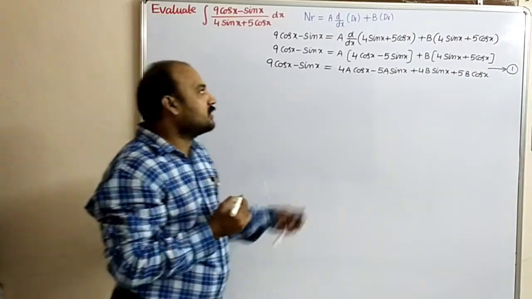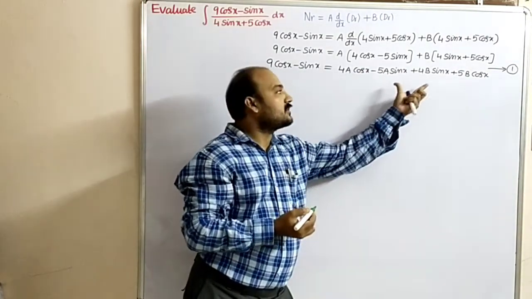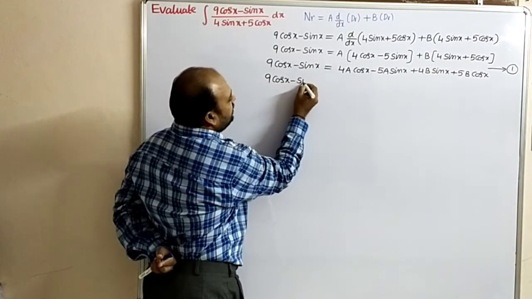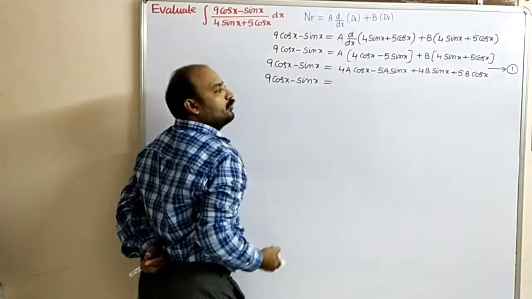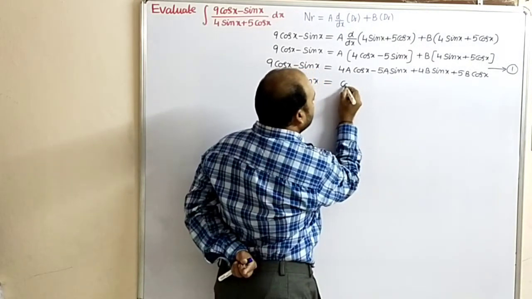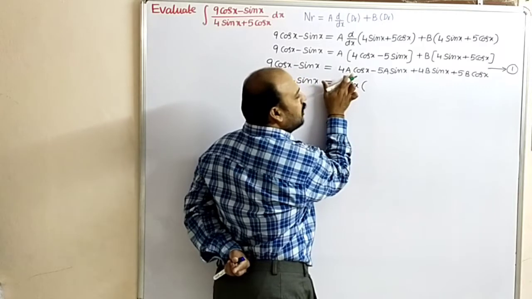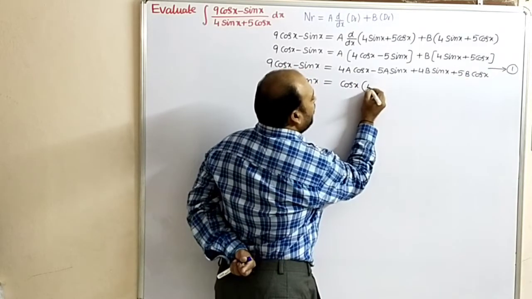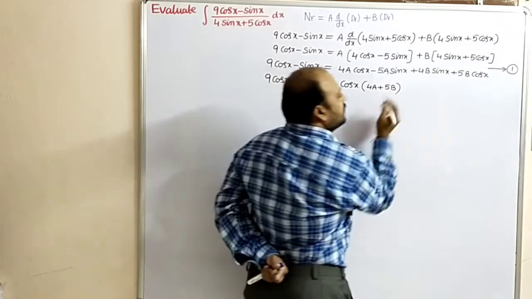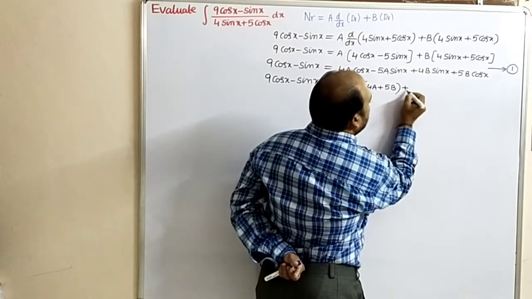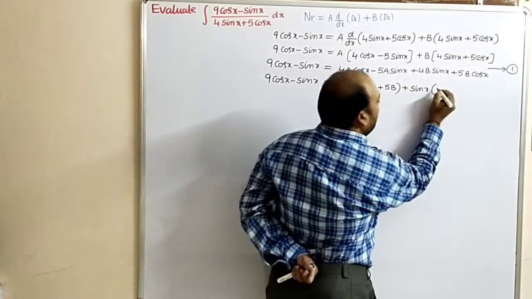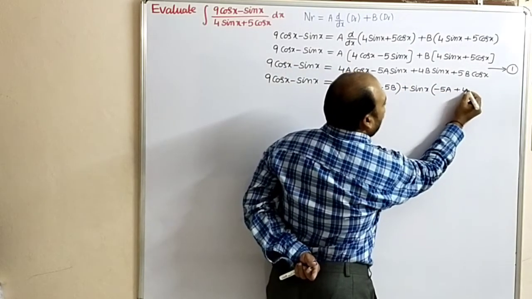Now like terms means cos x terms on one side and sin x terms on the other. If we take common cos x from the first and last terms, we will get cos x into (4a plus 5b). Next from the second and third terms we will take common sin x, giving minus 5a plus 4b.